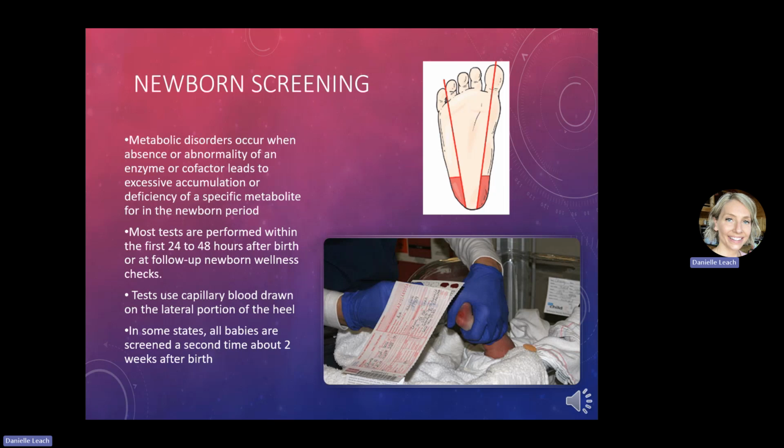And you're going to drop blood from their heel onto this newborn screening card, which is this special paper. There are 5 round dots that you fill with blood. You fill out a lot of information on this newborn screen paper, and it's sent off to the state lab where they do the analysis of that.